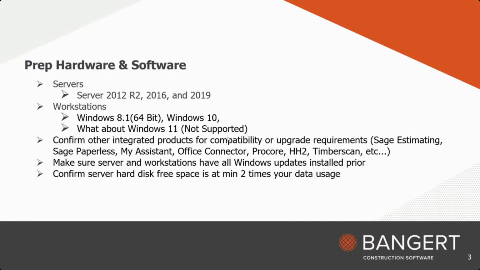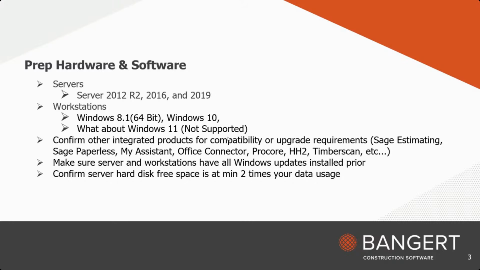You're going to think of things like Sage Estimating, Sage Paperless Construction, My Assistant, Office Connector, Procore, HH2, TimberScan, anything that is going to be touching your Sage accounting data. You'll want to make sure that that version is compatible with your new version, or that there is a compatible version that you can upgrade to once you've upgraded your Sage accounting software.